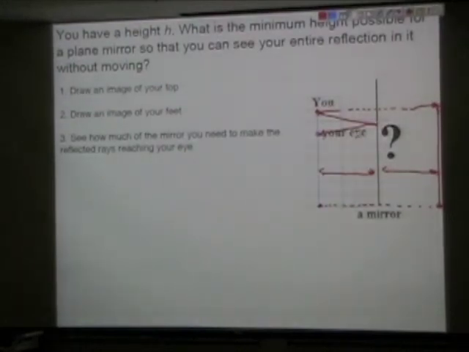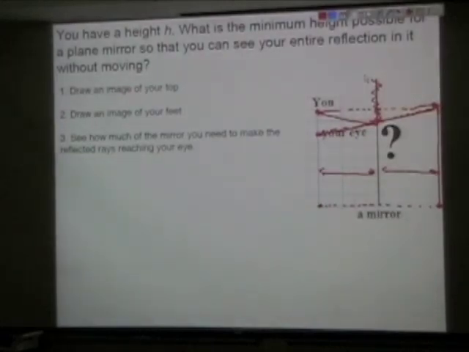The easiest way is just to draw a line from the eye to the image, because we know the extension of this ray should travel toward the image. That's it. If you take a ruler and draw this line, that gives you immediately this point. That's a critical point. You don't need anything above it. You already see the top of your head.